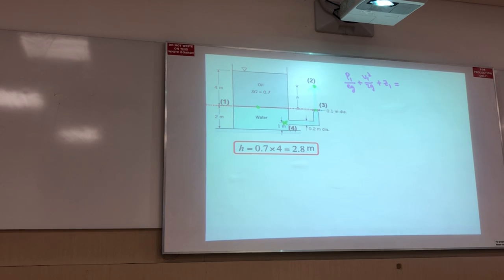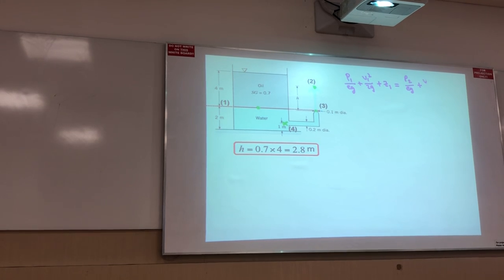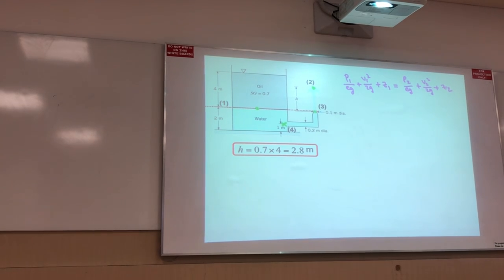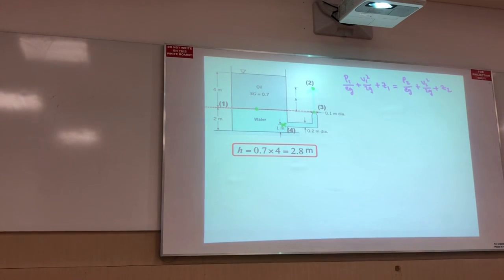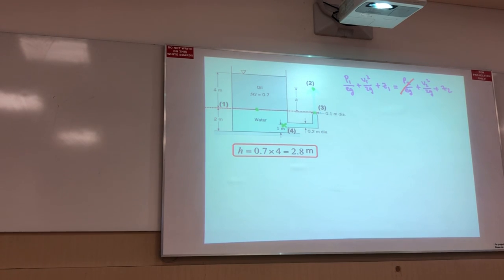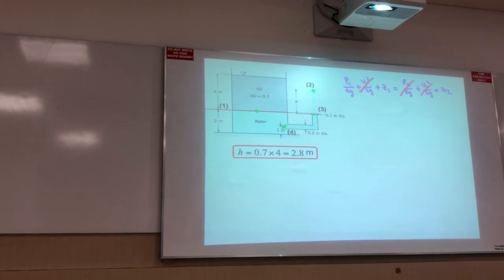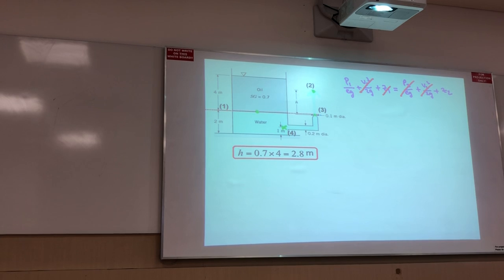Then I can write P2 by rho g plus V2 square by 2g plus Z2. What can I write? Tell me. So P1 there is some number, right? P2 is 0. V1 square, V1 is 0, right? V2 also, bye bye. Then Z1 also, bye bye, right?